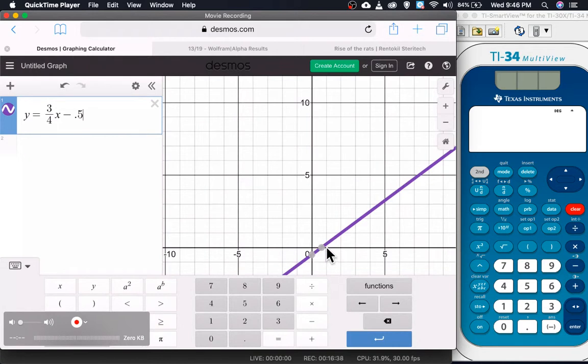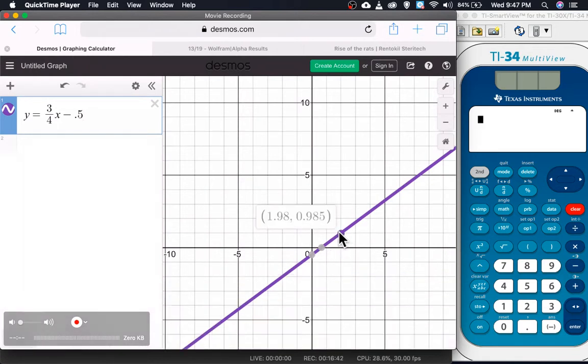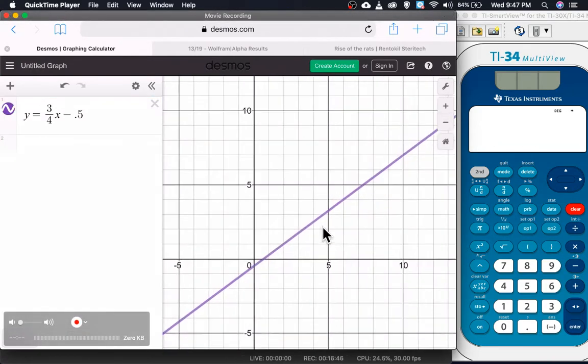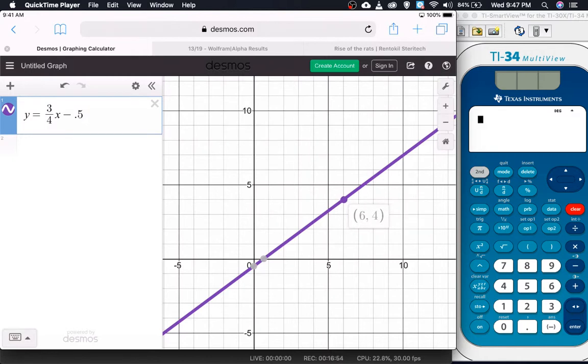Let's see. Check. It goes to the point 2, 1. And 6, 4. There it is. So my line does indeed go through exactly those 2 points.